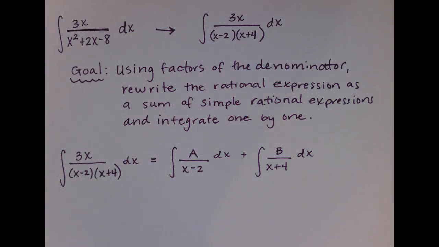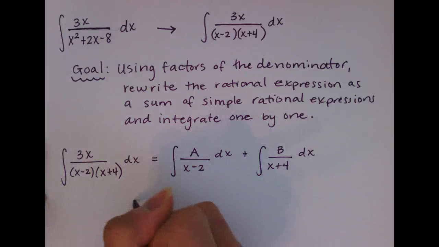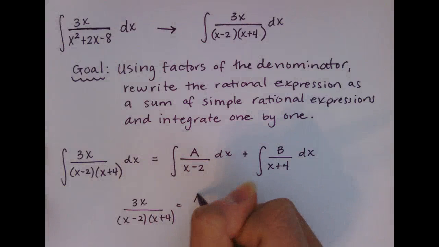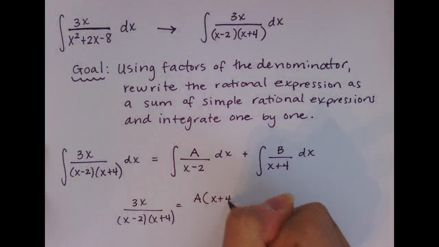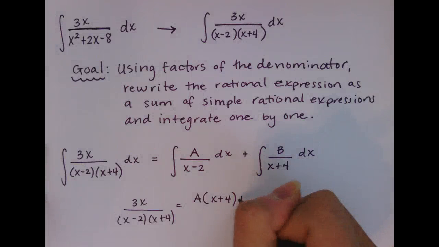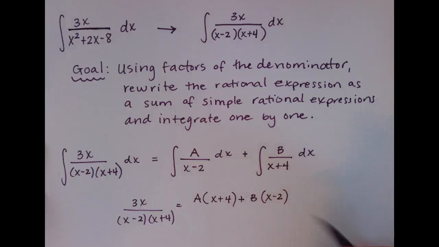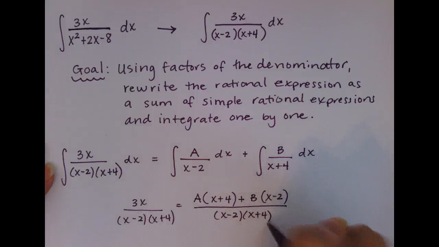So I can run through that process really quickly, and then I will outline it for you step by step. But again, if I were getting a common denominator, I would have to take the numerator of the first fraction and multiply it by the denominator of the second, and then the numerator of the second multiplied by the denominator of the first, and then I could put it all over the product of those two denominators.